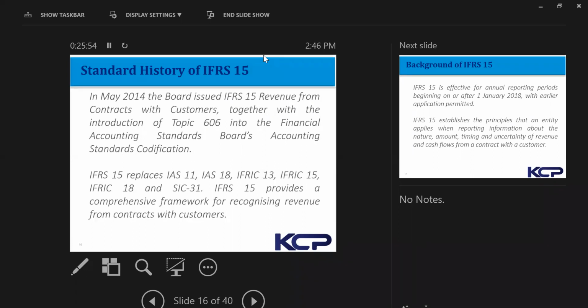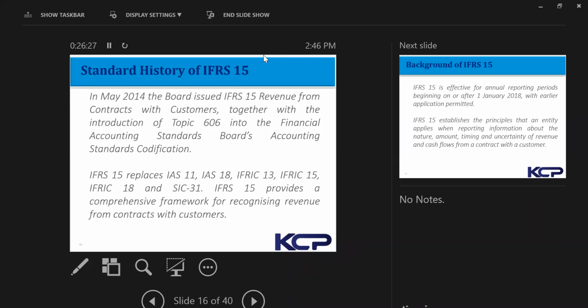In May 2014, the board issued IFRS 15, revenue from contracts with customers, together with the introduction of topic 606 into the Financial Accounting Standards Board Accounting Standards Codification. So these are just various works to ensure that all the weaknesses and loopholes that could be envisaged in the standard are addressed before the eventual effective date.